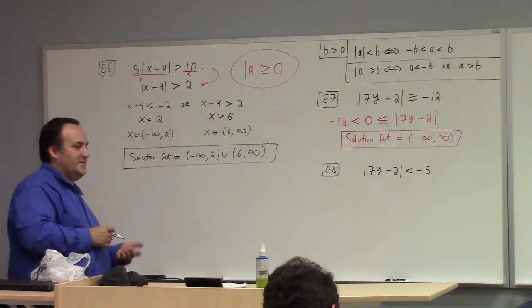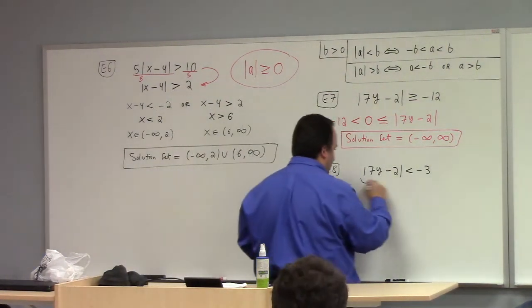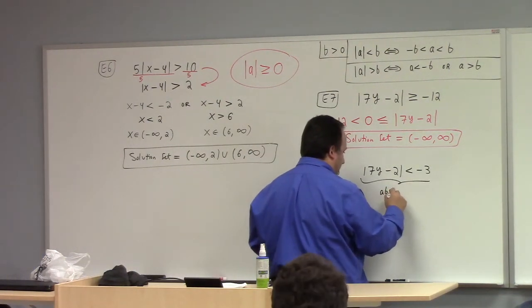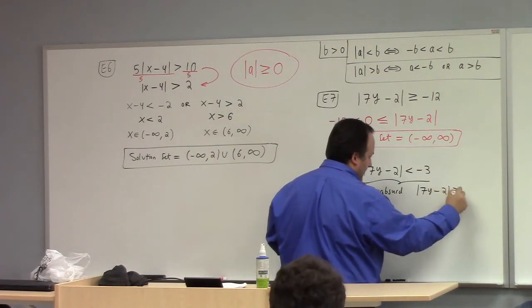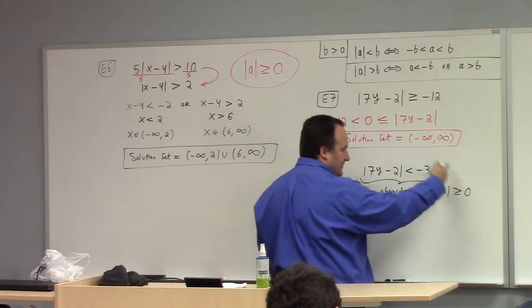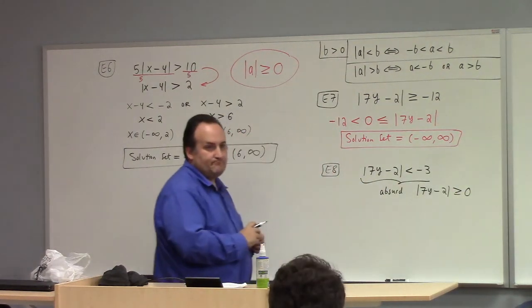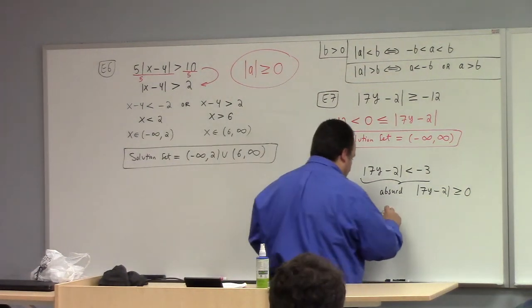Because it's impossible for the absolute value to be negative. This is absurd. The absolute value of 7y minus 2 is greater than or equal to 0, right? So it can't be greater than or equal to 0 and less than minus 3. So therefore, no solutions.